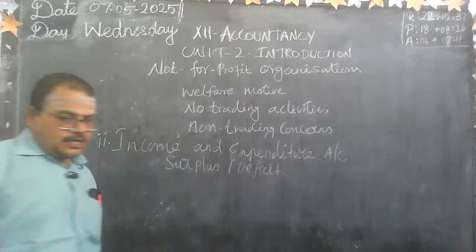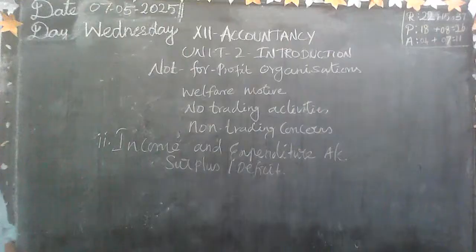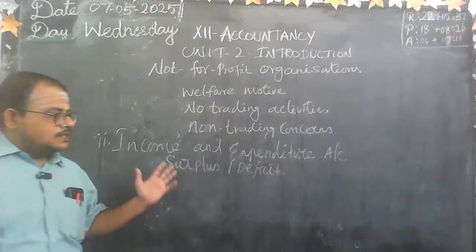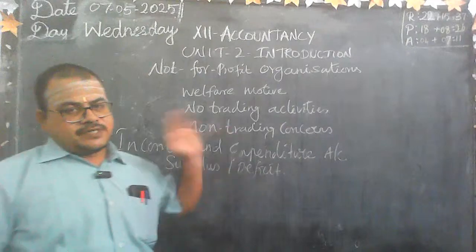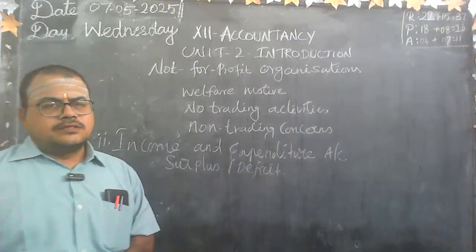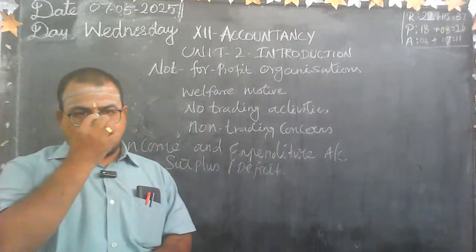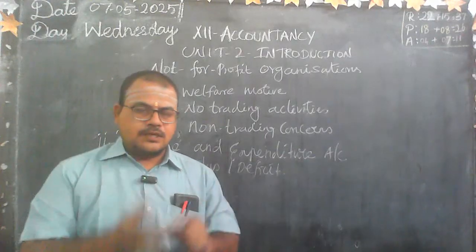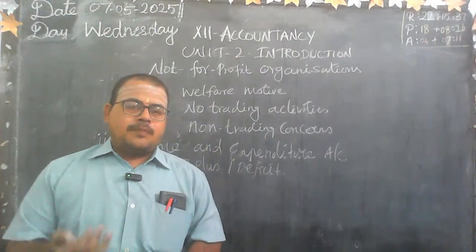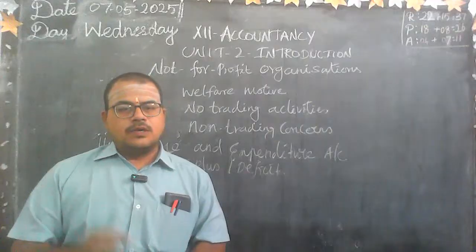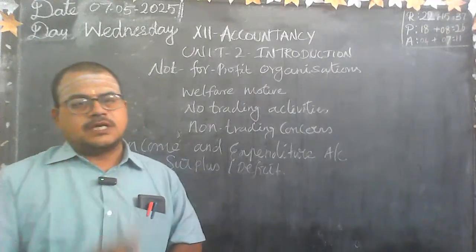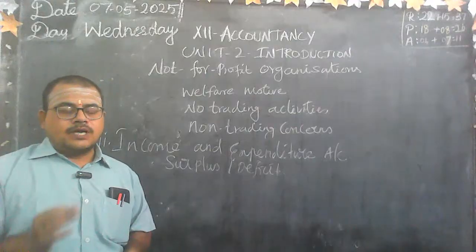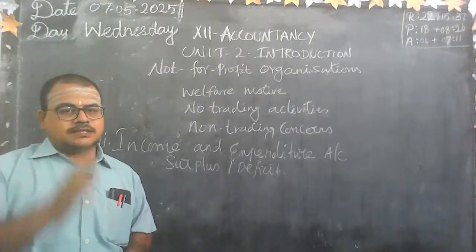Right. Income and expenditure account is similar to profit and loss account. It is prepared to find out surplus or deficit. Apart from this, we should know about the nature of income and expenditure account. This account records only the revenue transactions.